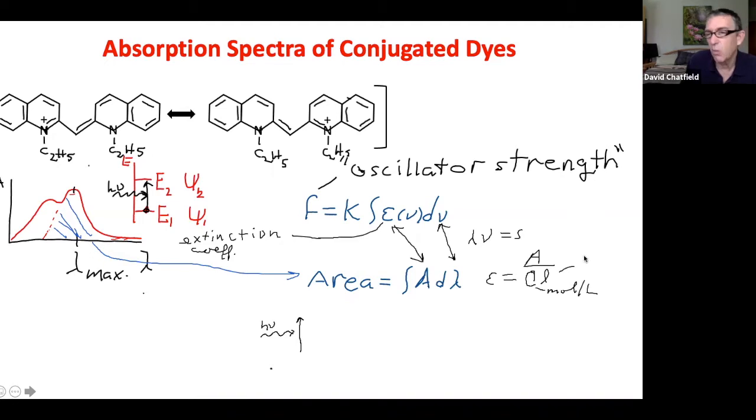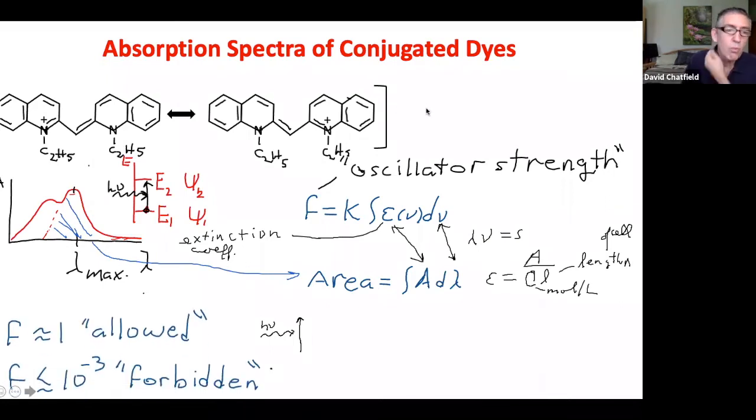Length of cell. Okay, so that's that. Okay, so then you have F after all of that. You'll have to think about how to use a little calculus to go from d nu to d lambda, but you can think about that.